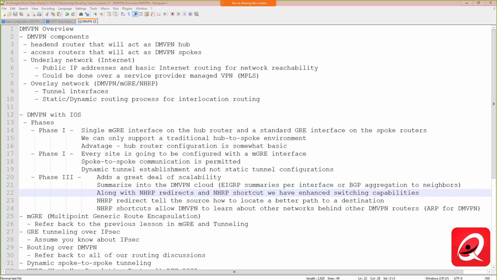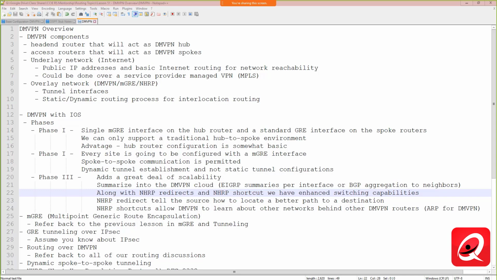Because DMVPN does not allow multicast spoke-to-spoke communication, there's no way for us to establish neighbor adjacencies between the two spoke routers if we're running a dynamic process. It's okay though, because typically we want to maintain the control plane functionality at the hub and then allow the data plane functionality to pass from spoke to spoke.